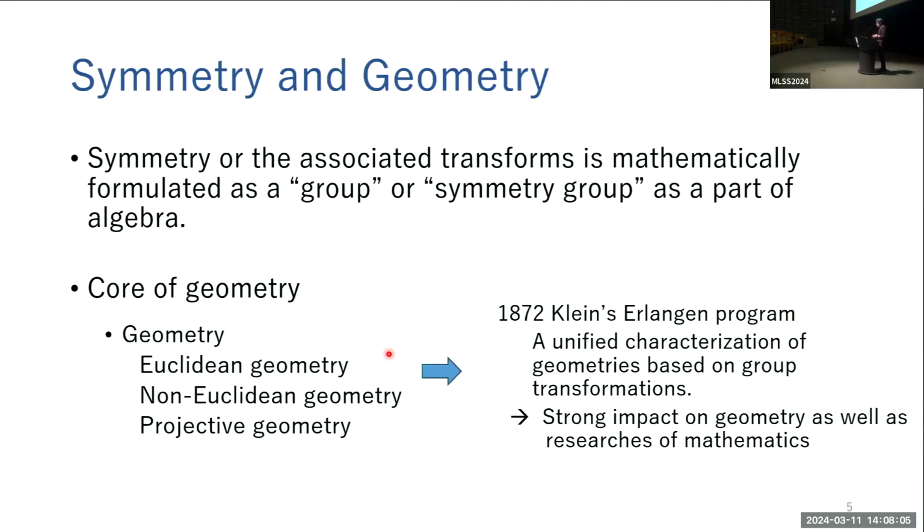It was puzzling at that time what a unique geometry is and what the characterization of such geometry is. And then Klein introduced the notion of transformation by groups to characterize such geometry. It had a very strong impact on geometry as well as mathematics at that time. And since then, the group is one of the geometric concepts also, as well as an algebraic concept.